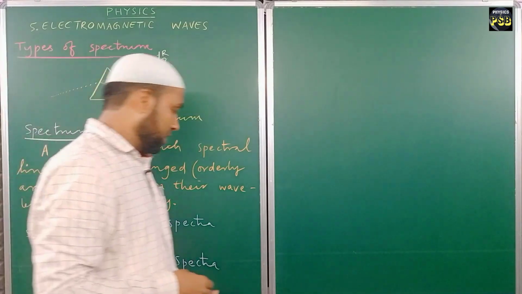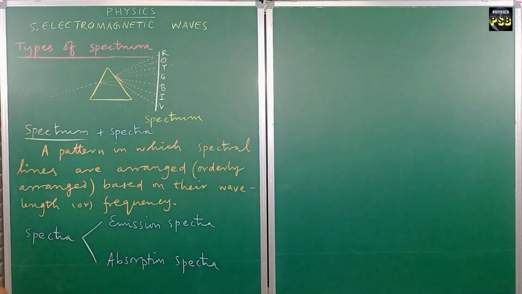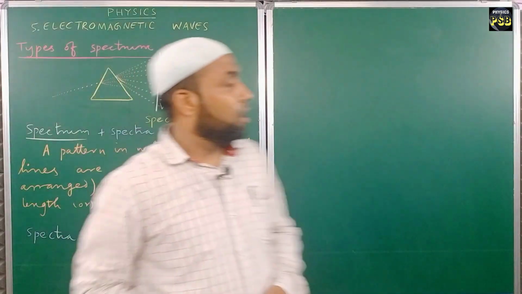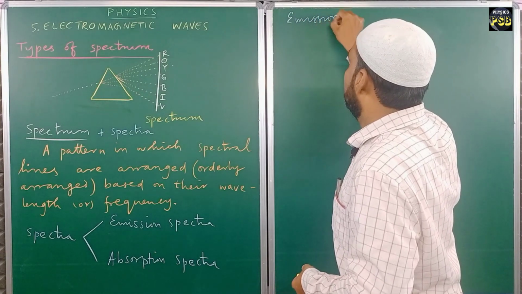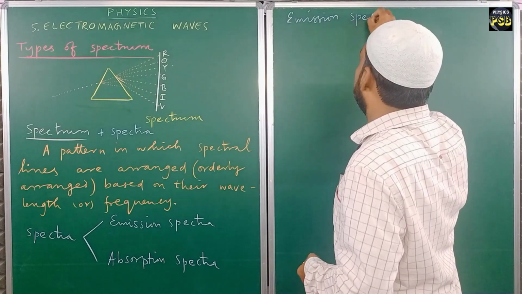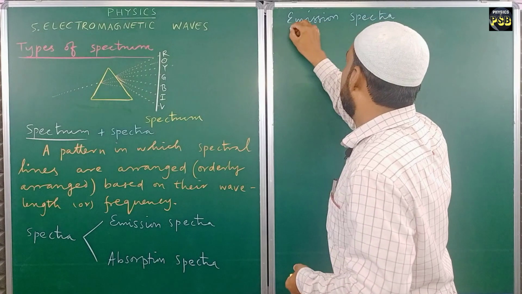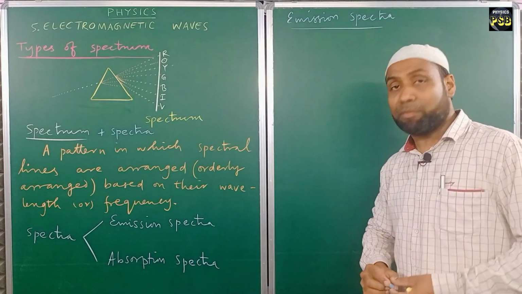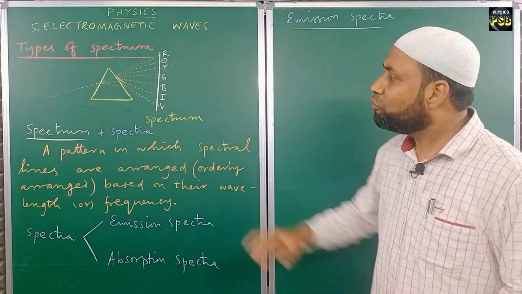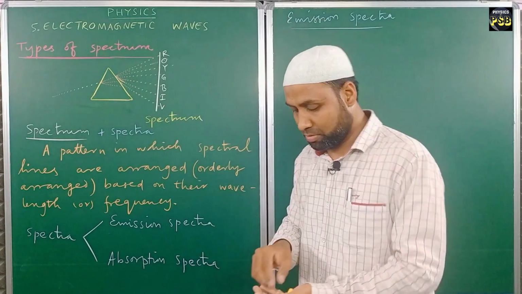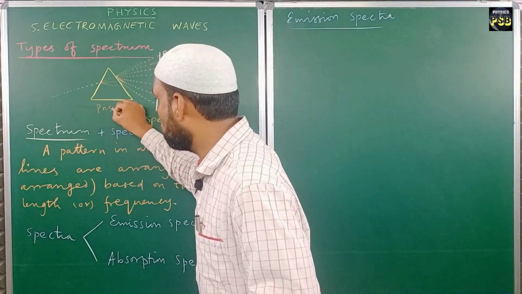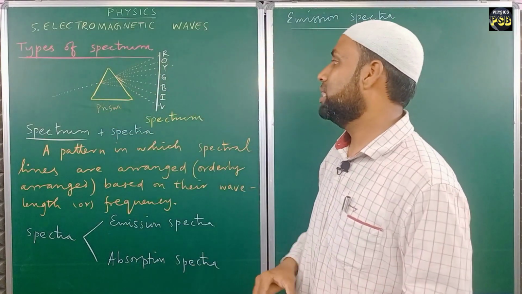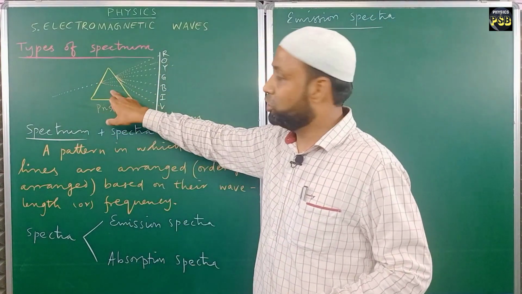Before going ahead, let's tell what is emission spectra. When light from a source is made to fall on a glass prism, the light undergoes dispersion.